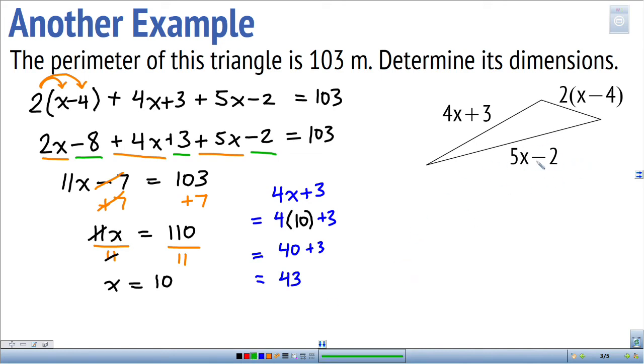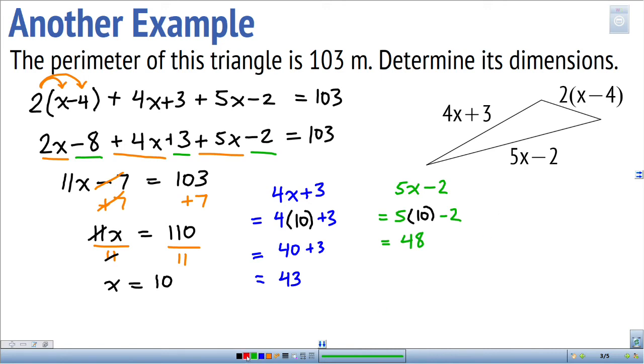Here on the bottom we have 5x minus 2. We're going to substitute that value for x in here. So 5 times 10 minus 2. 5 times 10 is 50. 50 take away 2 is 48.